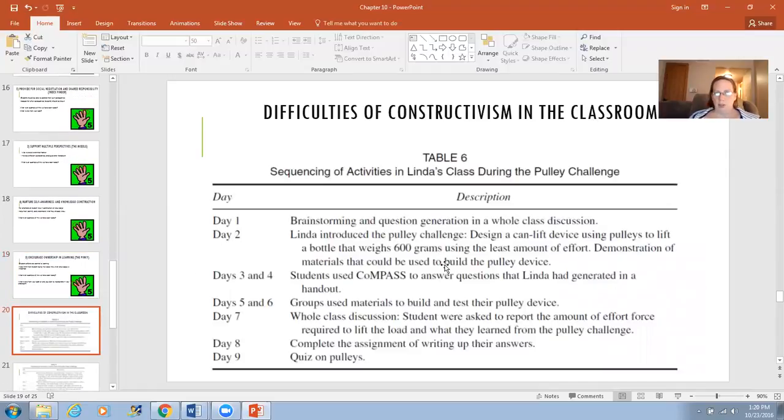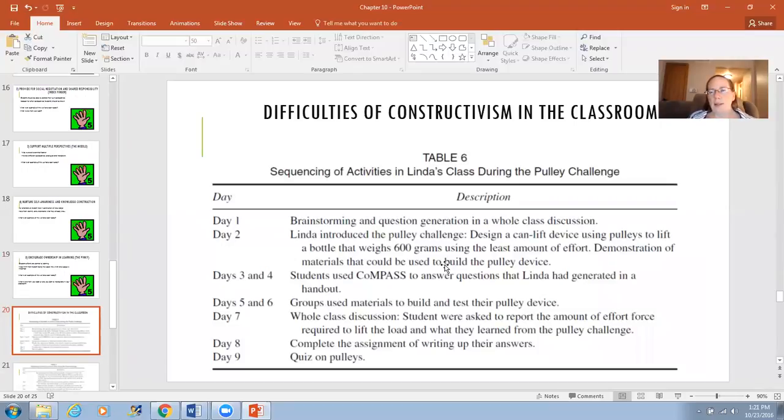The next subject that we're going to cover are difficulties of constructivism in the classroom, and we're going to start by looking at some research that was done in middle school classrooms, where we have two classrooms, one where there's kind of a mixed constructivist with traditional classroom approach, and one which is much more constructivist in their approach to teaching a lesson.